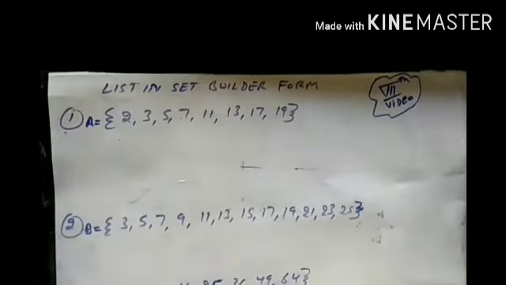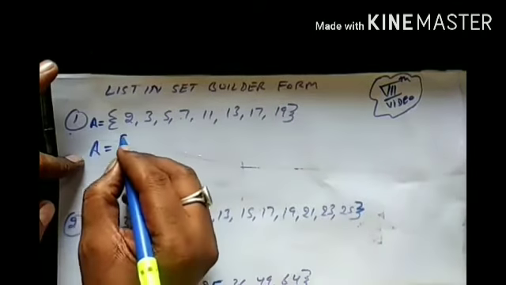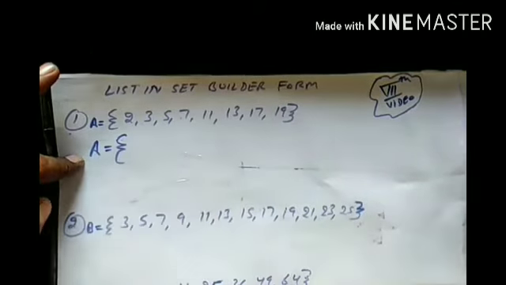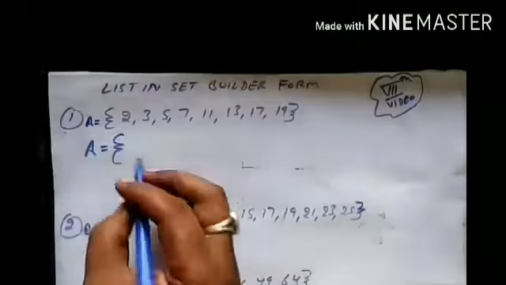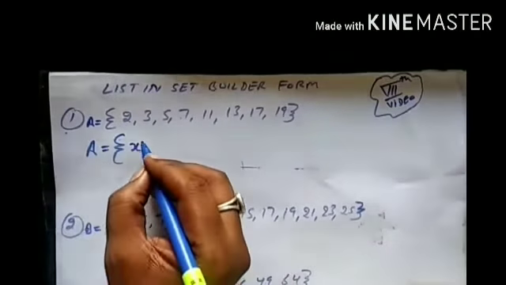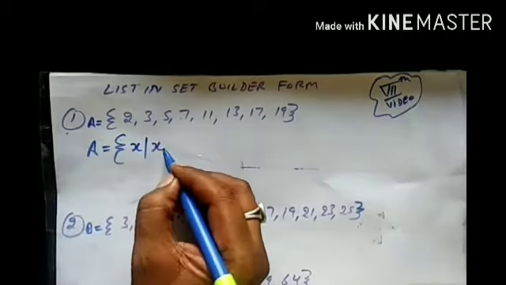So as per the rule, we will write the definition here. This is the given set A. As per the definition, I will take a variable x. I will write the vertical bar, or I may write a colon, and after that I again write the vertical bar.